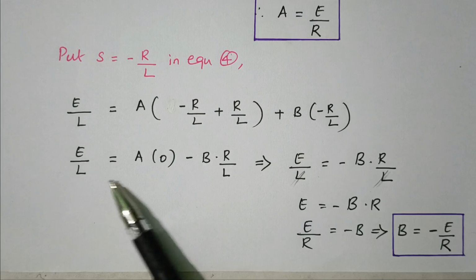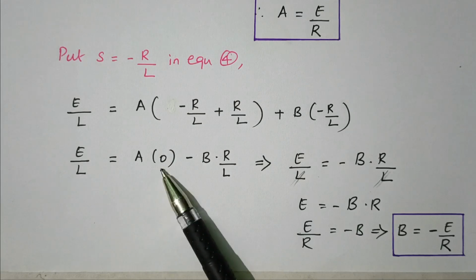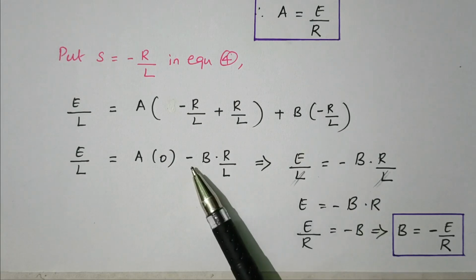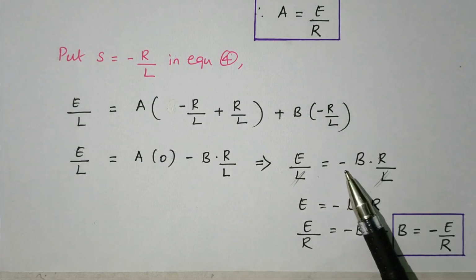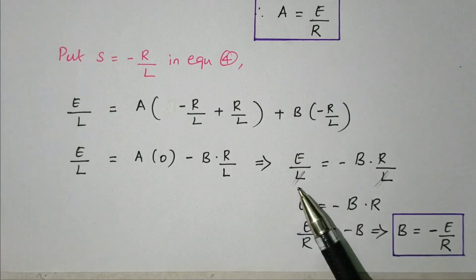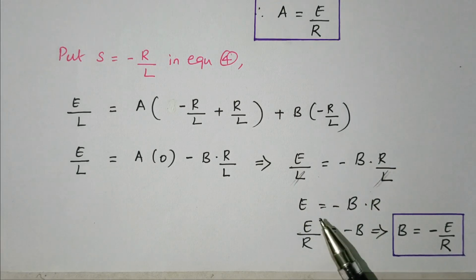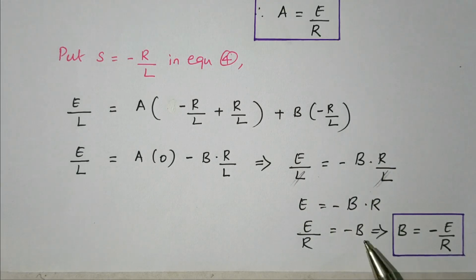It becomes 0. So E by L equals A of 0, here negative available, minus B into R by L. So E by L equals minus B into R by L. L got cancelled. E equals minus BR, so that minus B equals E by R. That is B equals minus E by R.